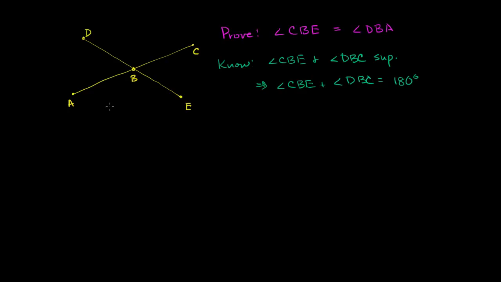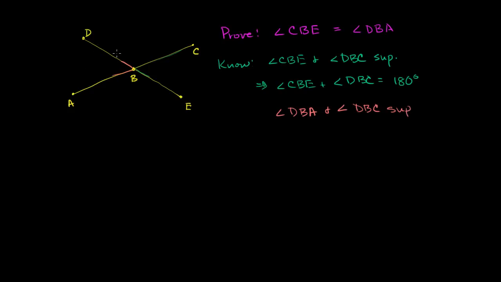Fair enough. We also know, so let me see, this is CBE. This is what we care about, and we want to prove that this is equal to that. We also know that angle DBA, this is DBA right over here, and angle DBC are supplementary.